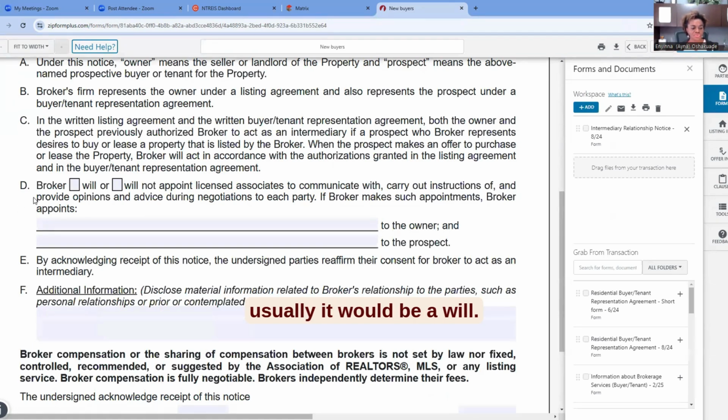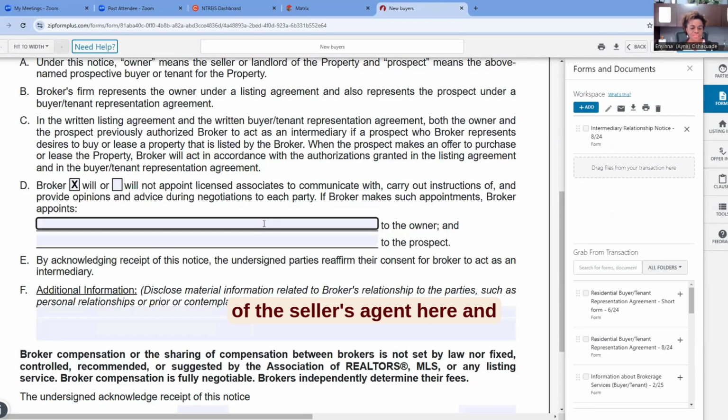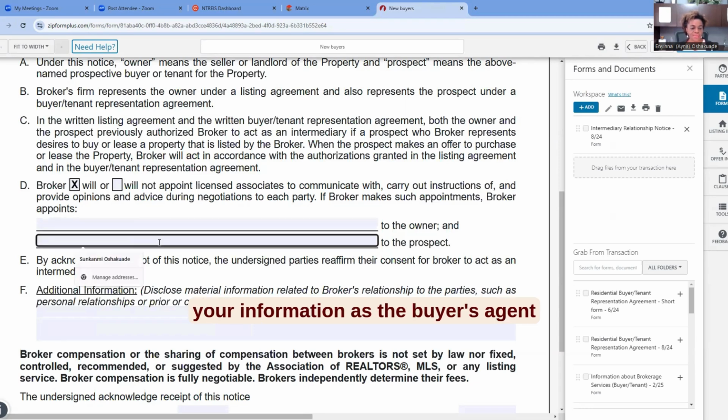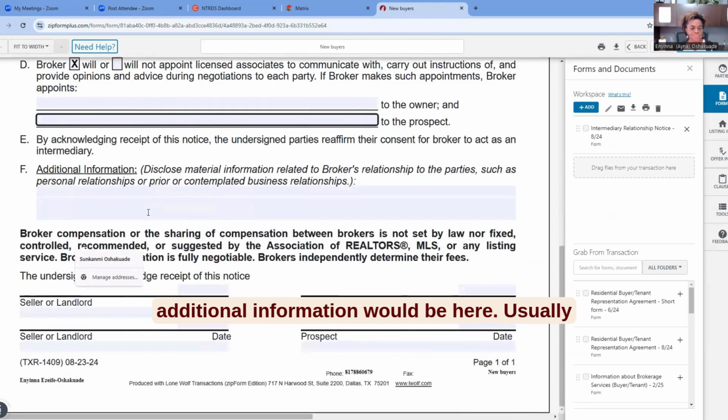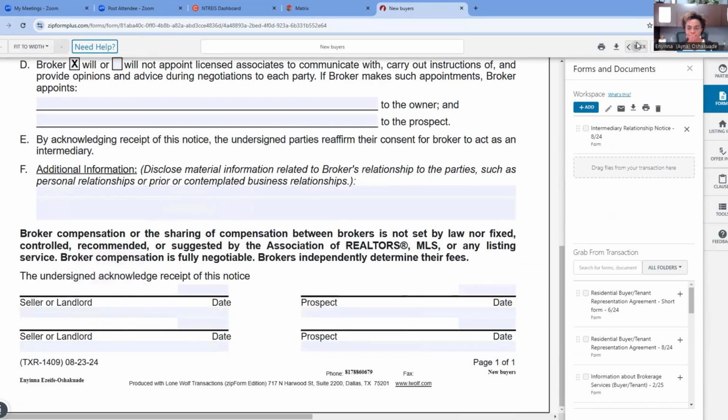And usually it would be a "will appoint licensed associates to communicate with." You would put in the information of the seller's agent here and your information as the buyer's agent in the second line. Any additional information would be here. Usually I see that blank. And then you fill out the signature blocks at the bottom.